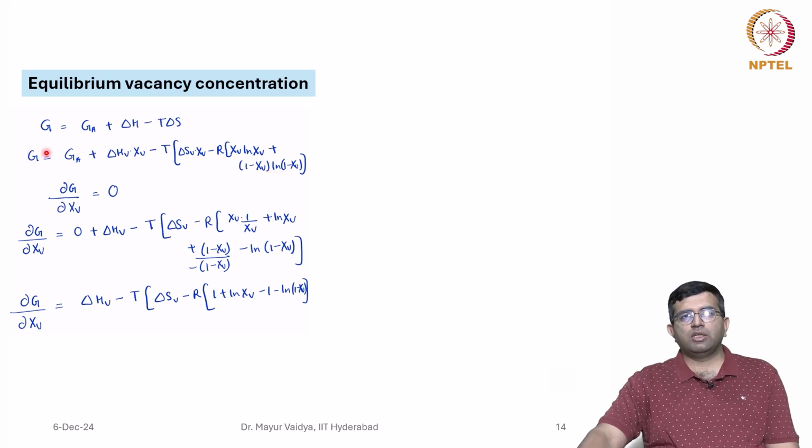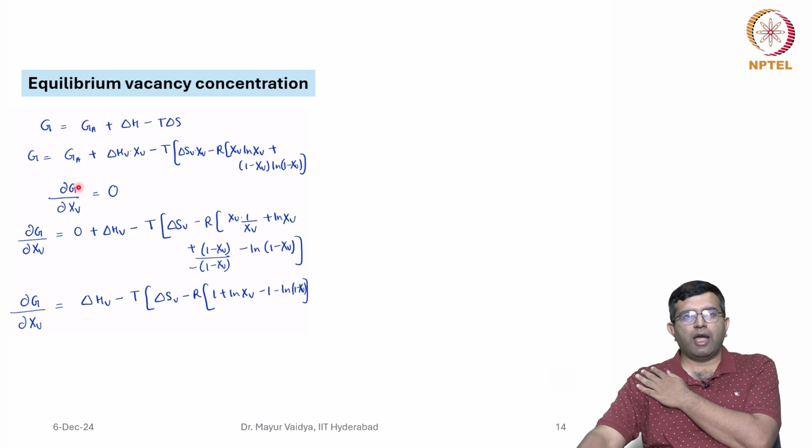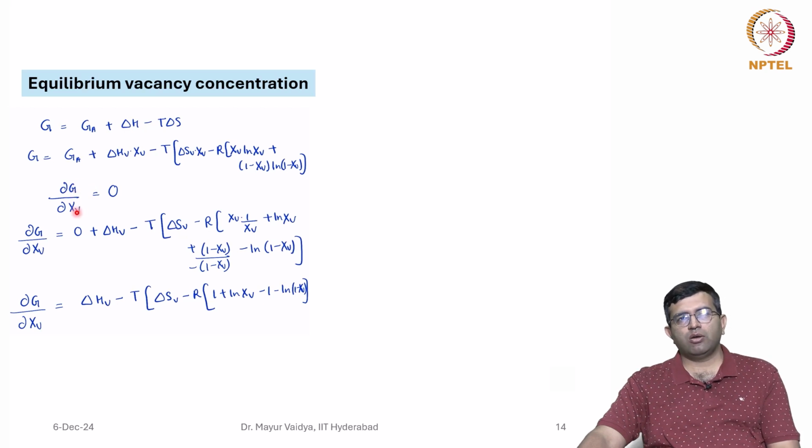Now, this x v we can call the equilibrium concentration when G is minimum. So, at minimum, dG by dx v will be equal to 0.